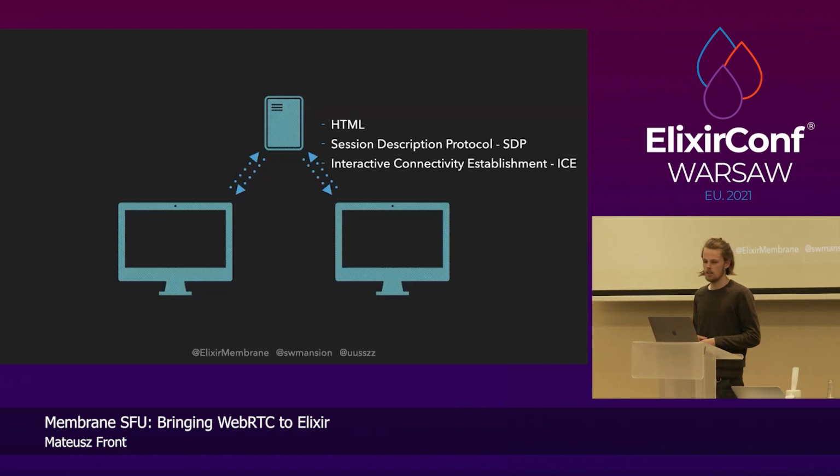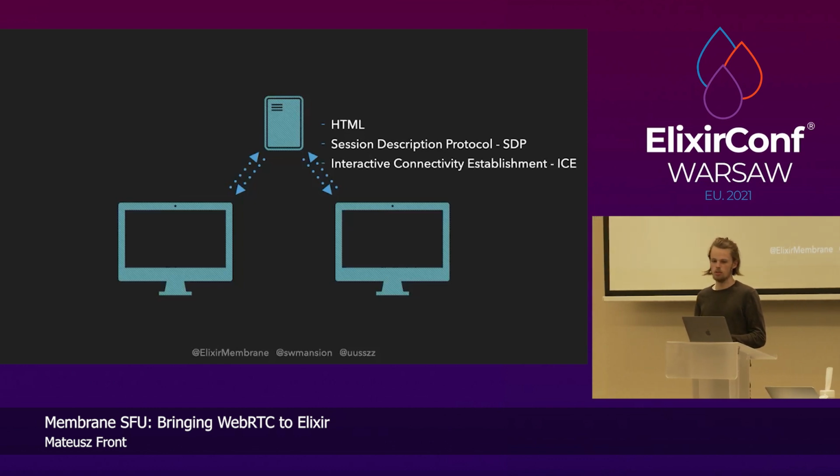It will help us exchange SDP messages that are used to describe what we are going to stream, what kind of media, what kind of codecs, how many streams both peers are able to receive. And finally, the interactive connectivity establishment messages are also transferred through this signaling server. This is needed basically to overcome NAT and establish a direct connection between the browsers.